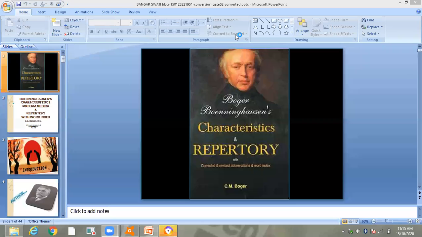So it is less useful practically than BTPB, from which it was borrowed, the Boenninghausen's Therapeutic Pocket Book. In BTPB there are 141 remedies, and in BBCR we found only 125 remedies.